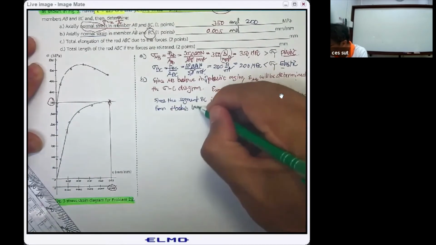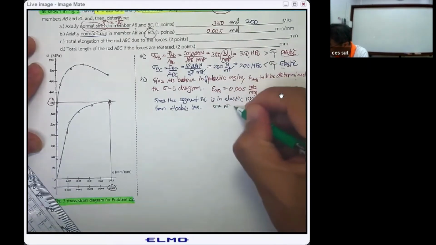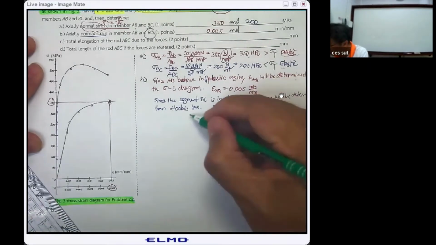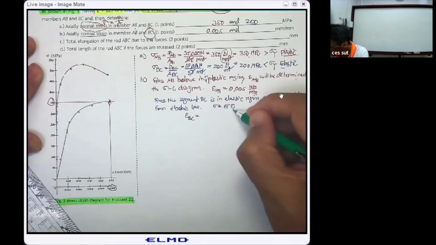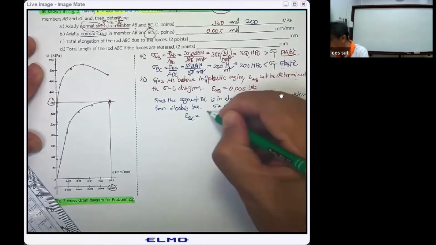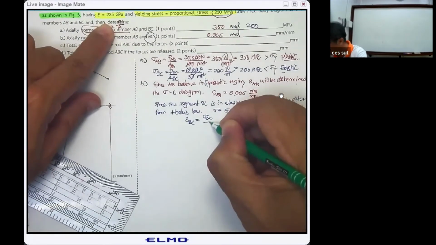Okay, by doing this, we have sigma equal to E times strain. So strain sub BC is going to be sigma sub BC divided by the E. The E is here, the modulus of elasticity.